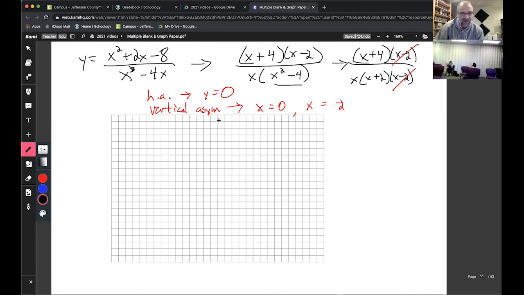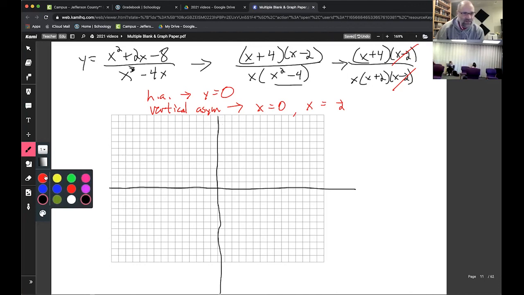So on my graph here, one of my vertical asymptotes is at x equals 0. My other vertical asymptote is at x equals -2, right there. And then my horizontal asymptote is at y equals 0.